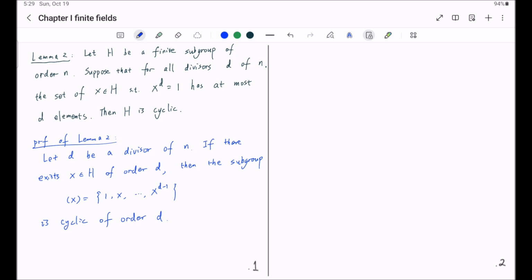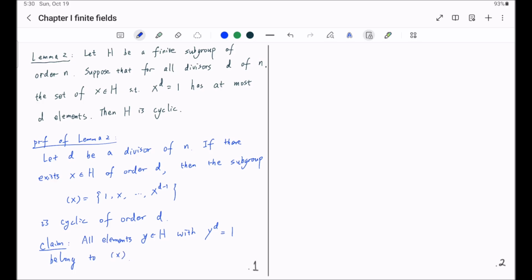And now we make a claim. We claim that all elements y in H with y to the d equal to 1 belong to this subgroup generated by x.